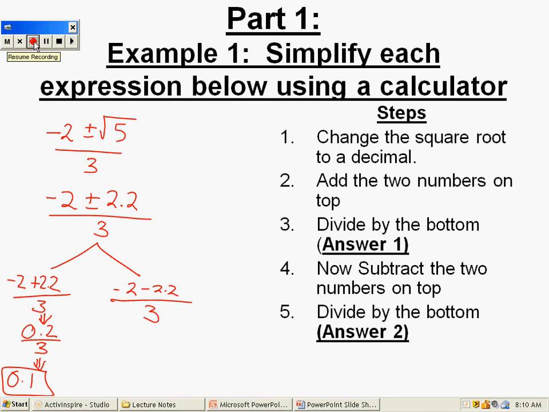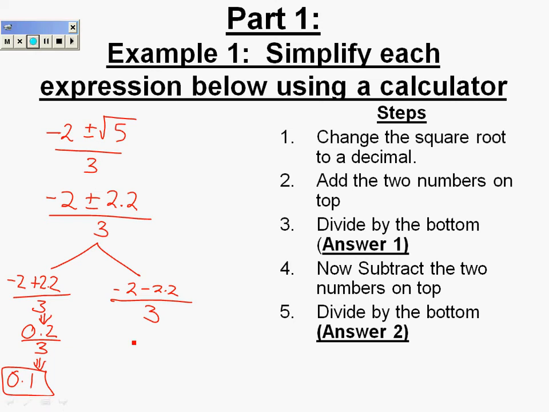All right, next one. We're going to do negative 2 minus 2.2. And I get negative 4.2 by doing that. And then we divide. Negative 1.4.